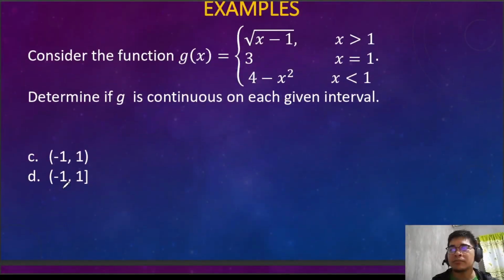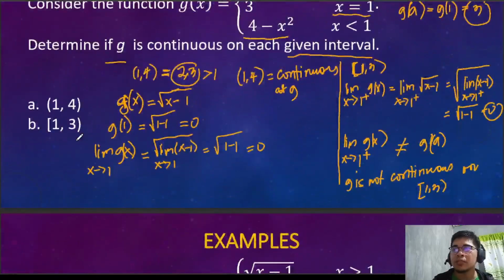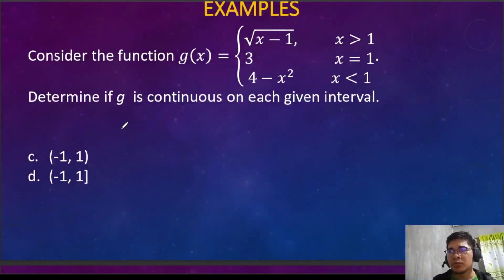Next, we have letter C, open interval negative 1 and 1. It is different from the open interval 1 and 4. So when you say open interval negative 1 and 1, for it to be continuous, the numbers in between negative 1 and 1 must be continuous.